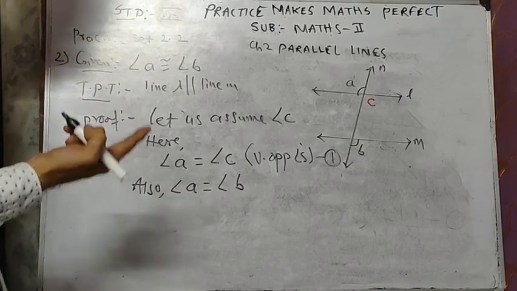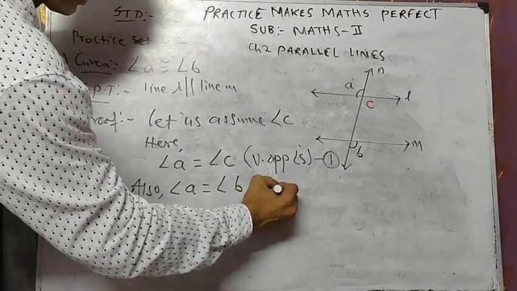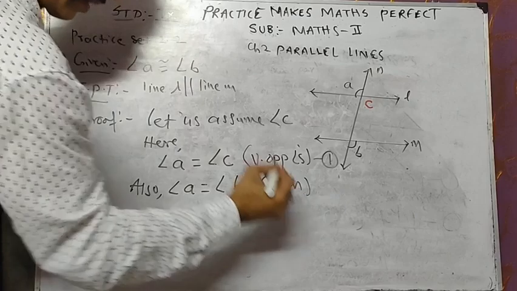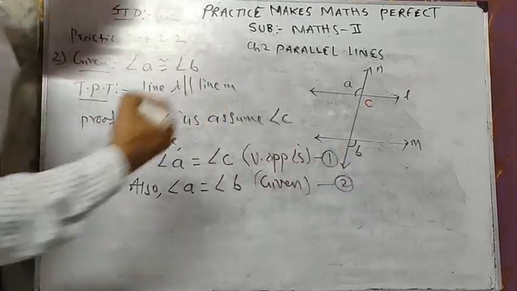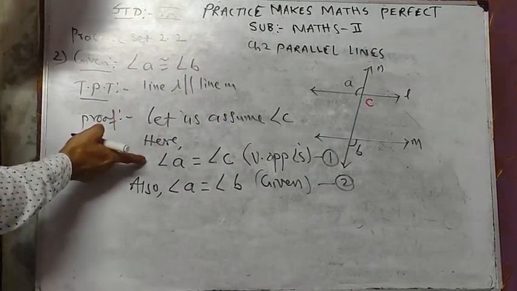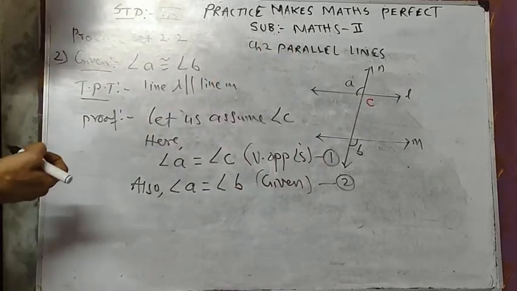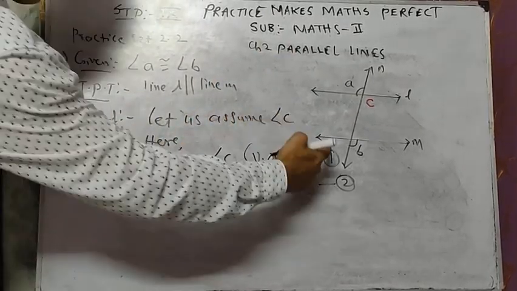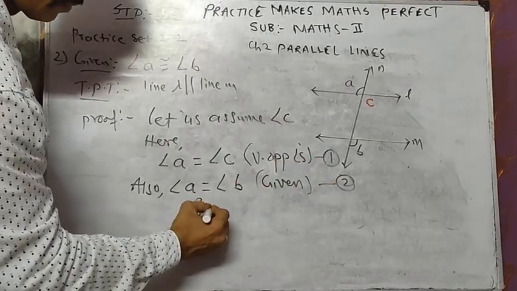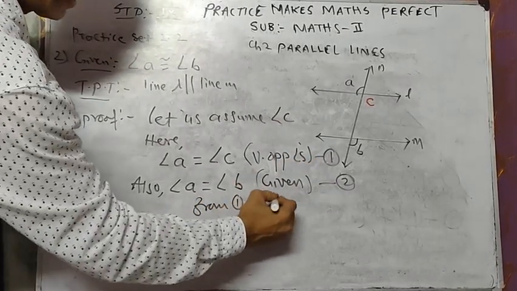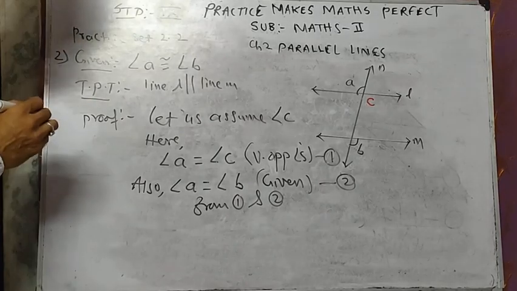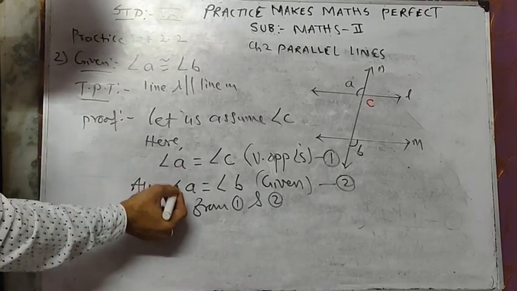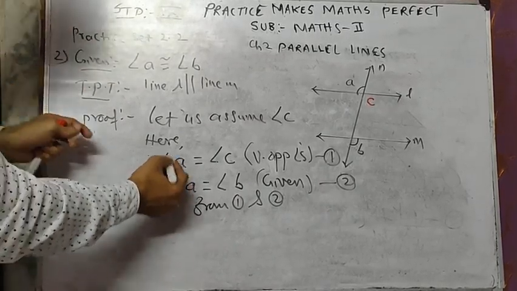This is given, statement number 2. So angle A is equal to angle C and angle A is equal to angle B. From 1 and 2, what can you see? We can see your left hand side.